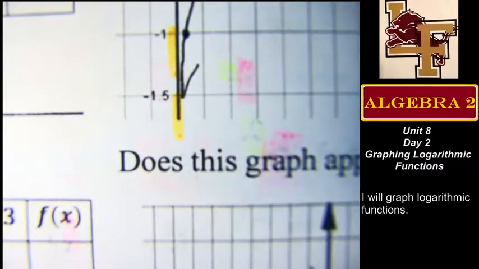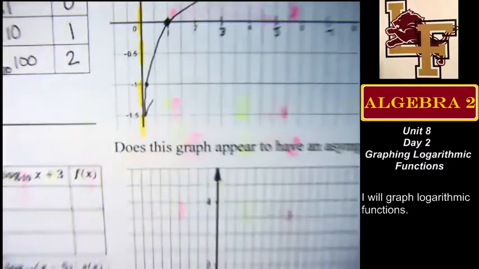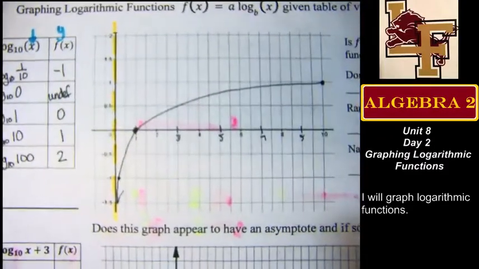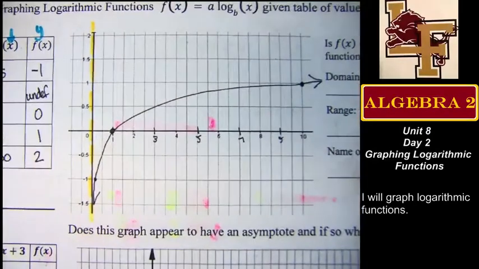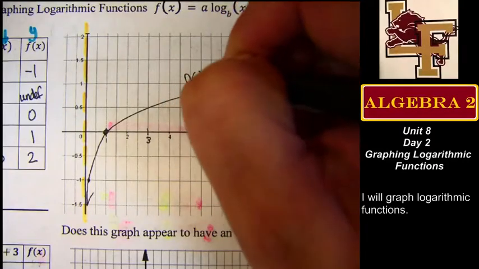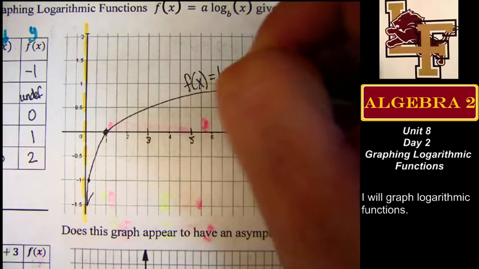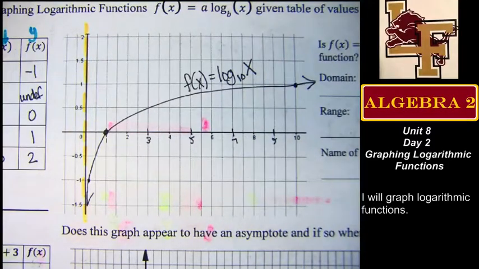Get really darn close, but don't touch it. Okay? Because that's what an asymptote means. No one likes touching the asymptotes. And this is the function f of x equals log base 10 of x.